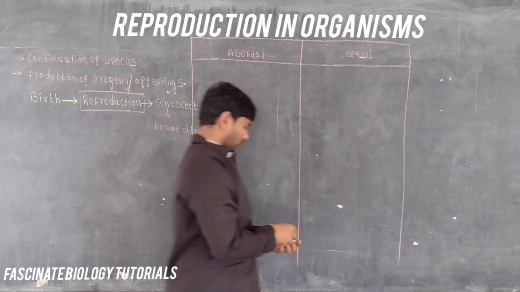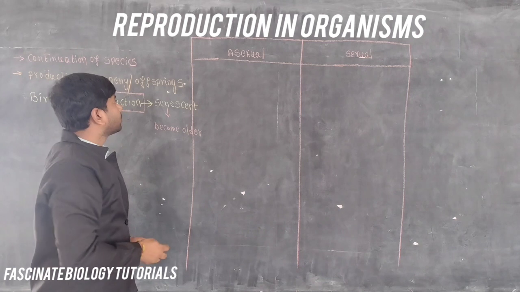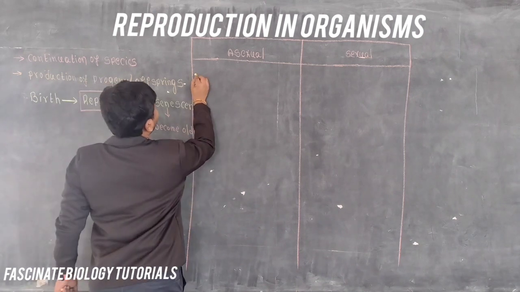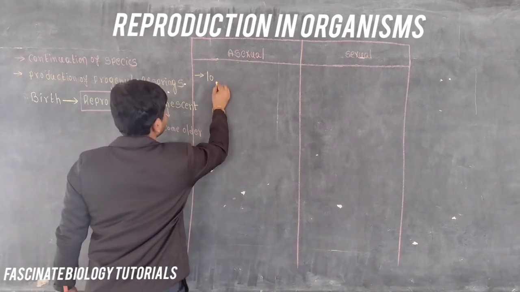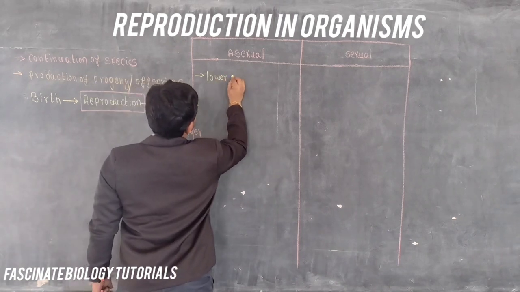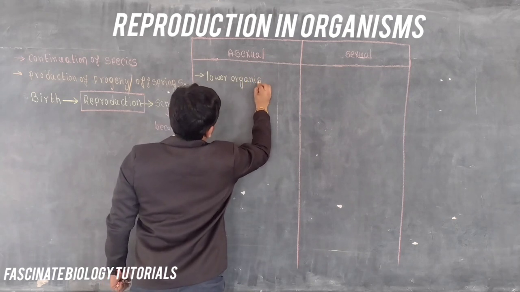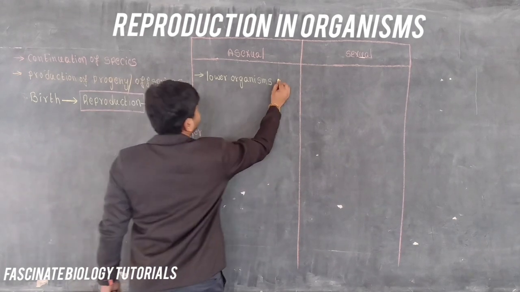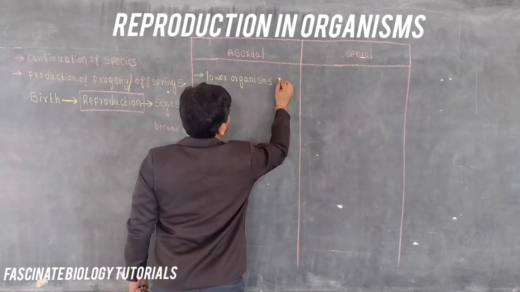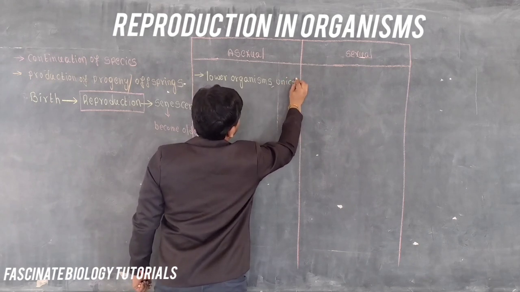We tabulate the differences. Asexual reproduction is present in lower organisms, that is, unicellular organisms.